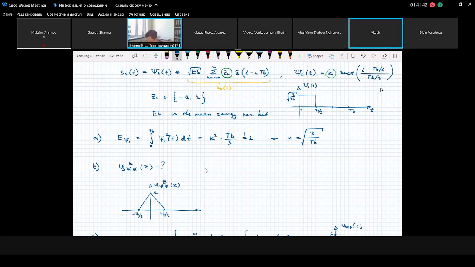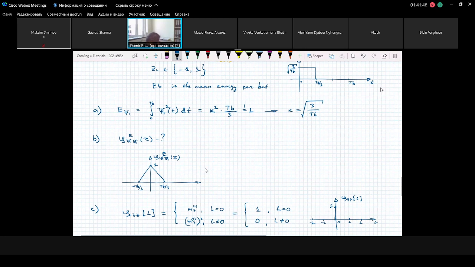We calculated the second moment as 1, just following, if you remember, the definition of second moment.